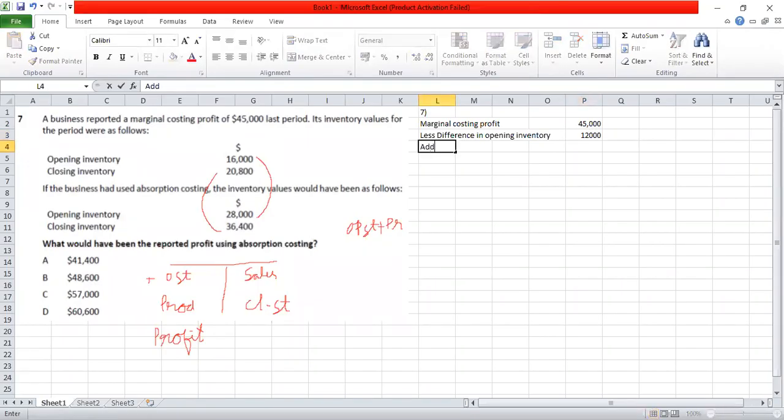Then add the difference in closing inventory. The difference in closing inventory is 36,400 minus 20,800. That has to be added.